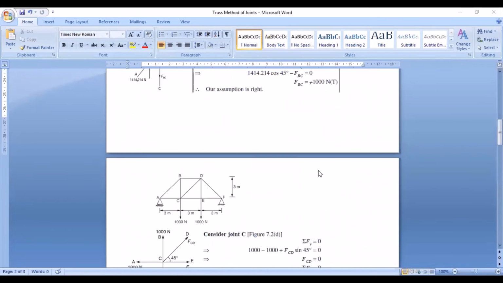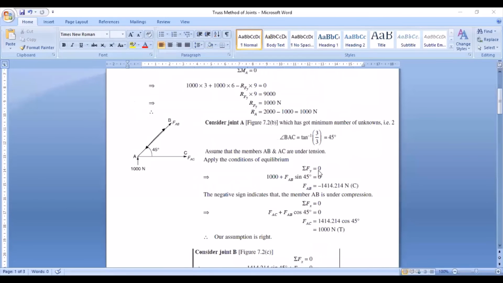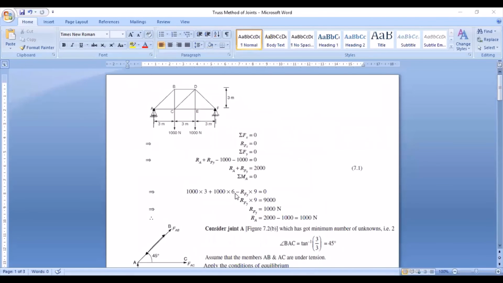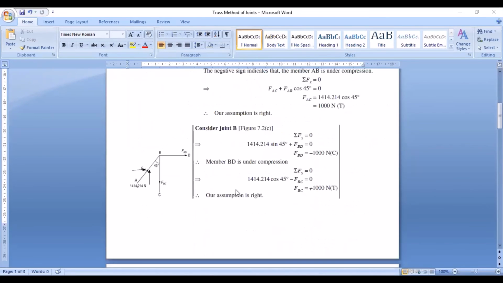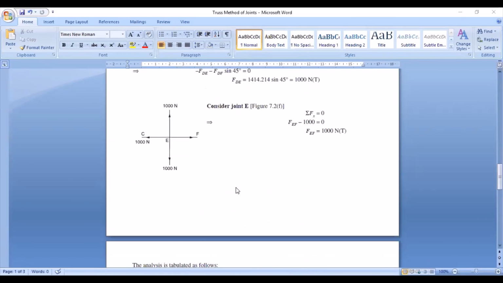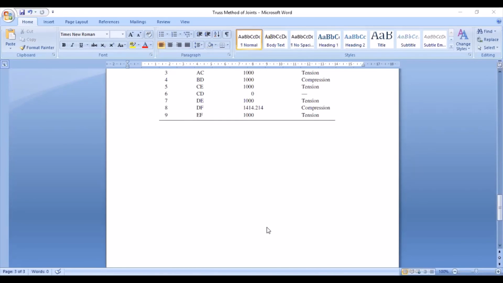I have told you, if it moves away from the joint, it is tension. If it moves towards the joint, it is compression. Okay. So this is about this truss by method of joints.